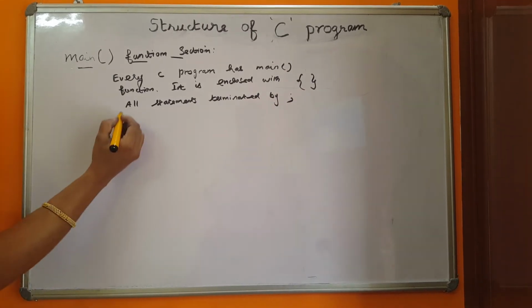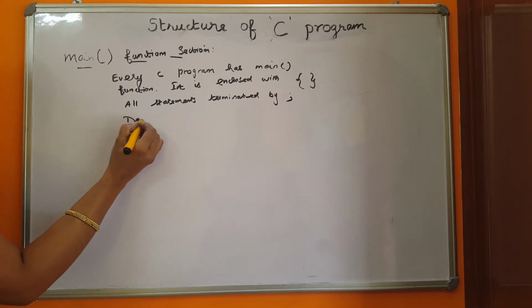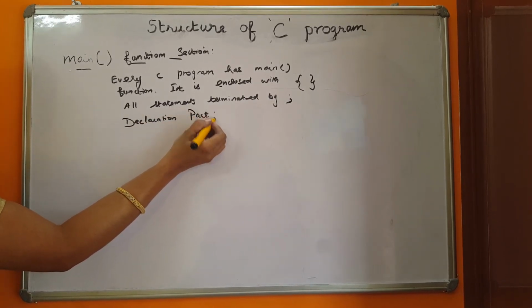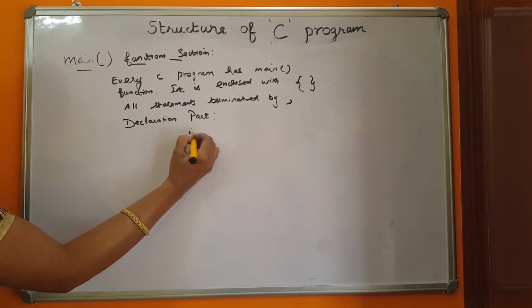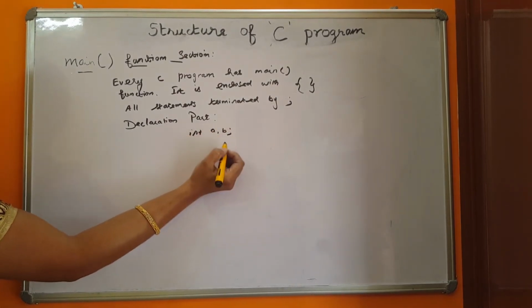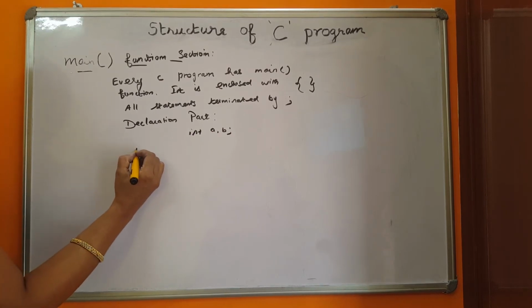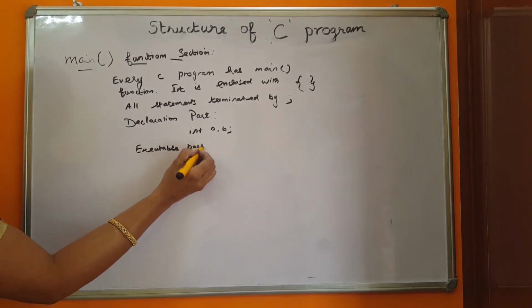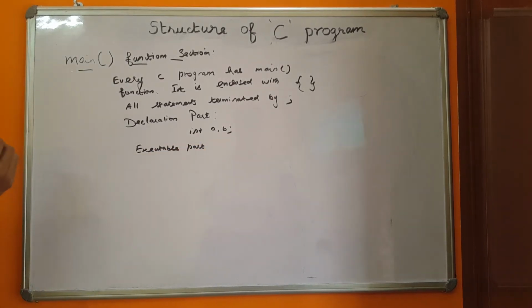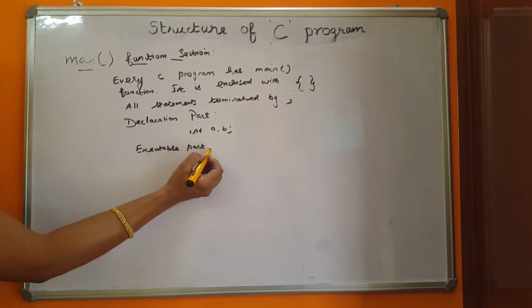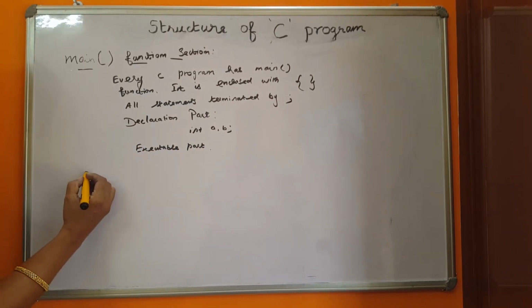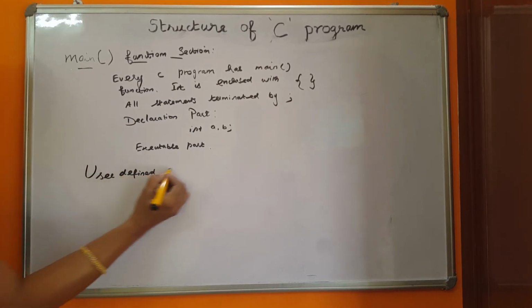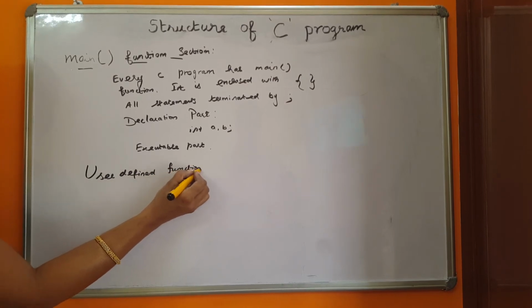It has two parts. One is declaration part. All variables are declared here. Example, int A, B. Next part is executable part. C function has at least one statement in executable part. The next section is user defined function section.